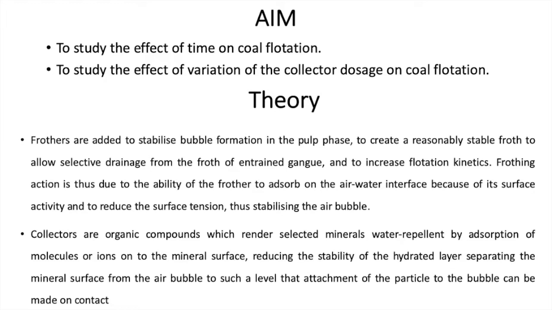Frothing action is thus due to the ability of the frother to adsorb on the air-water interface because of its surface activity and to reduce the surface tension, thus stabilizing the air bubble.